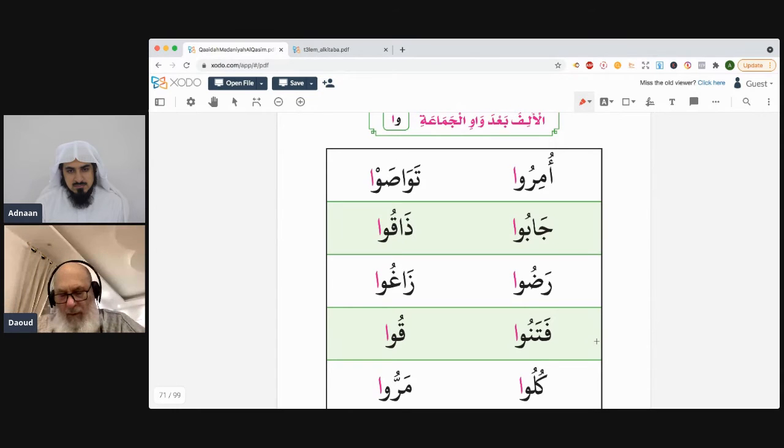Okay. Then we have za with a fatha, and it's got the alif that shows that it gets pulled, and then you've got a ghain with dhamma, and then a waw.